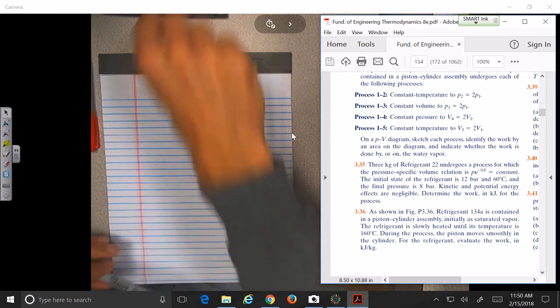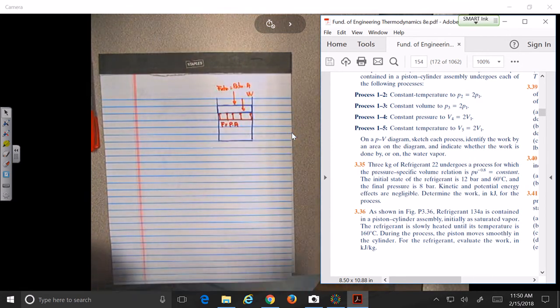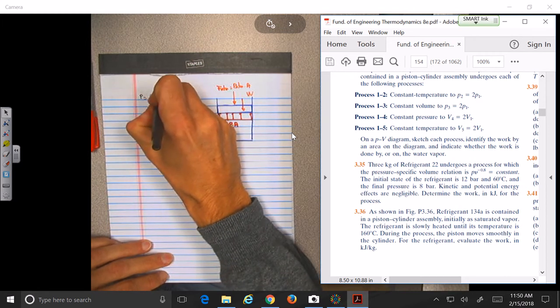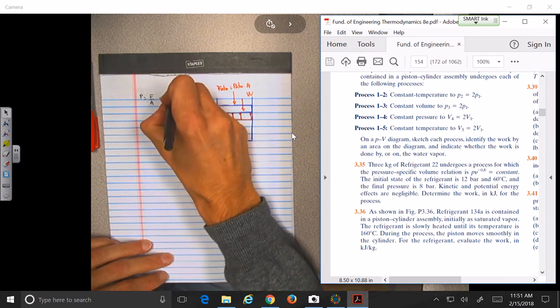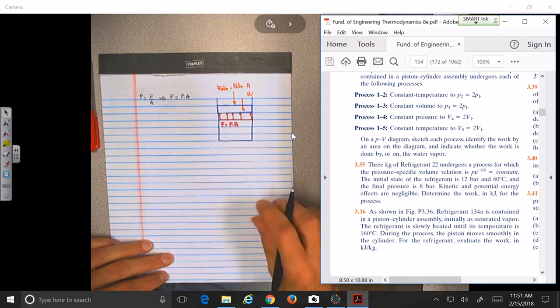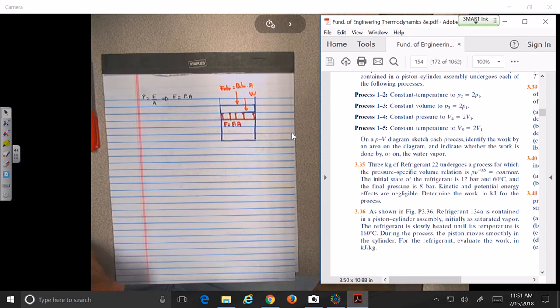Because you know that pressure equal to force over area. So that force is going to be pressure times area.